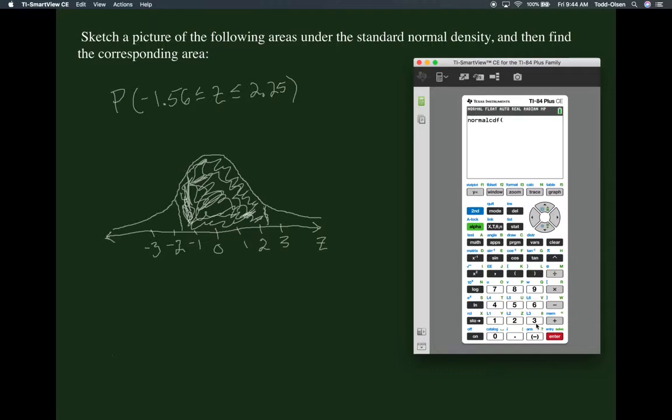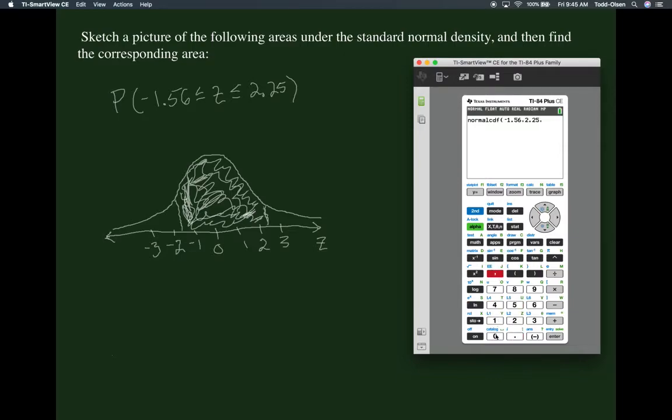Another place where it's easy to make a mistake is to use the subtraction key rather than the opposite key. This key down here means take the opposite, or this is how you put a negative number into the calculator. So we want negative 1.56. The upper limit is 2.25.